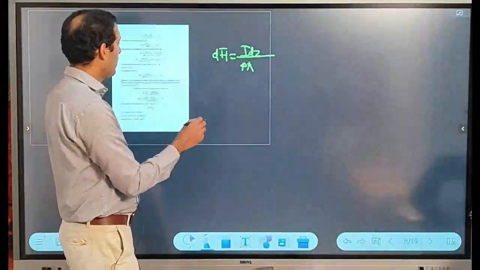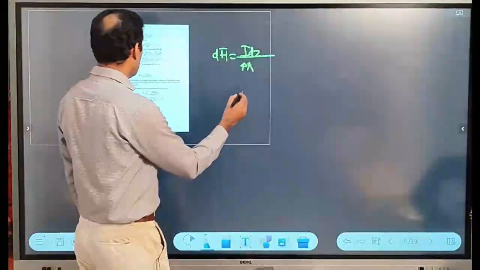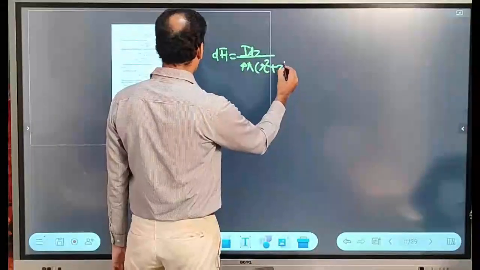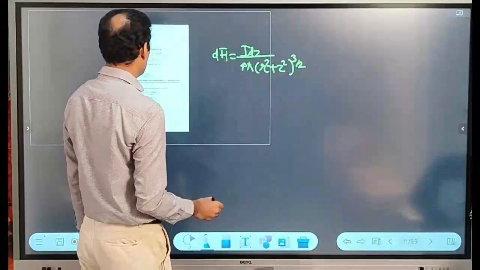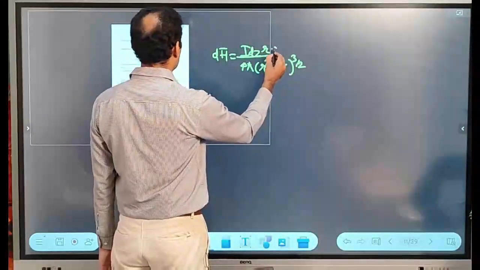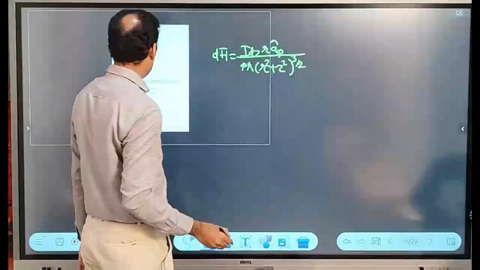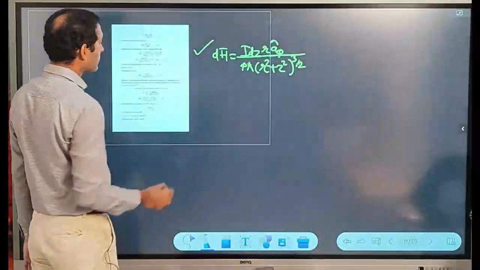So on two sides we could write r cube, but since we have a square root on one side, that value will simplify as (r square plus z square) to the power 3 by 2. Here we will have the r component, r a phi cap. Now this is the differential H.